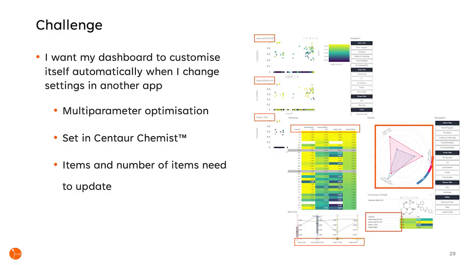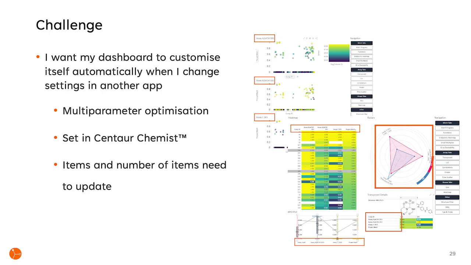So let me talk very briefly about how we could bring all this stuff together. We use this multi-parameter optimization, and we want our dashboards to basically customize themselves. So here we've got ACID A, ACID B, ACID C, but we could add ACID D, or we could remove ACID C, and we want our dashboard to completely update based on this.